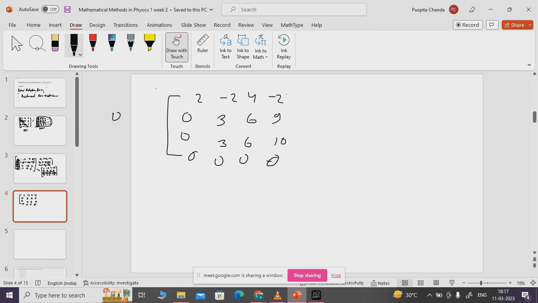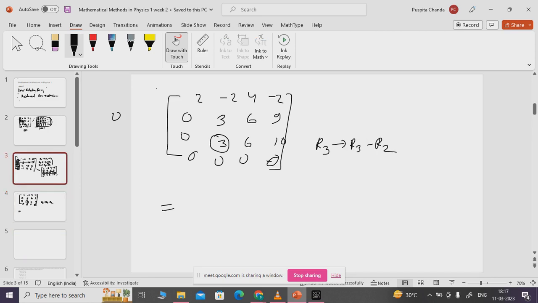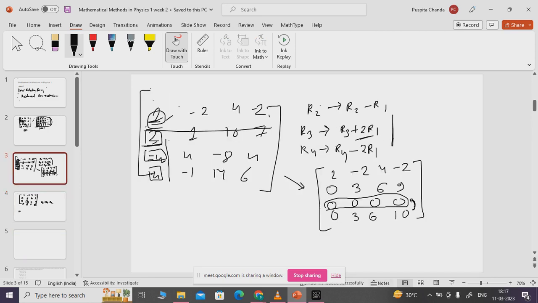The last row has become zeros. We don't have a problem with that, but now we need to make this 3 a 0. So it is simple. R3 will be R3 minus R2. Here we need to write the command that R3 and R4 have been interchanged.